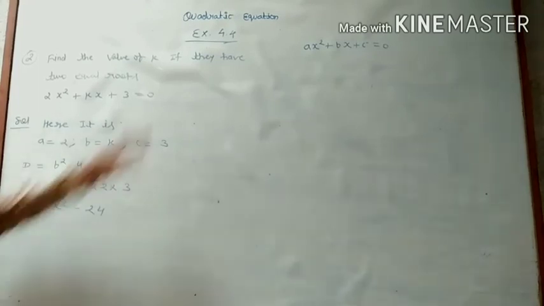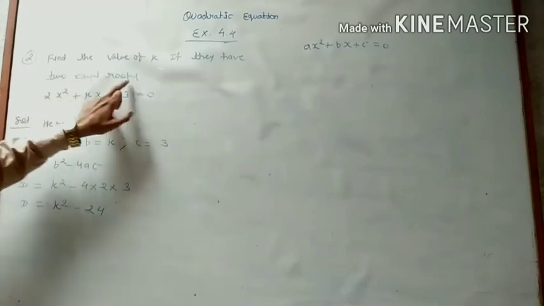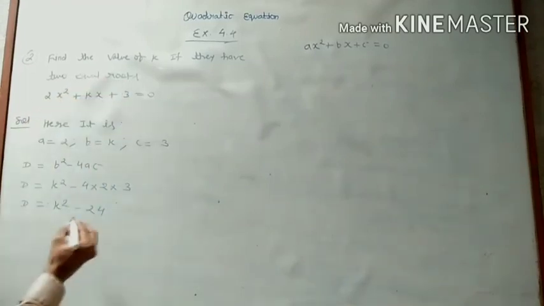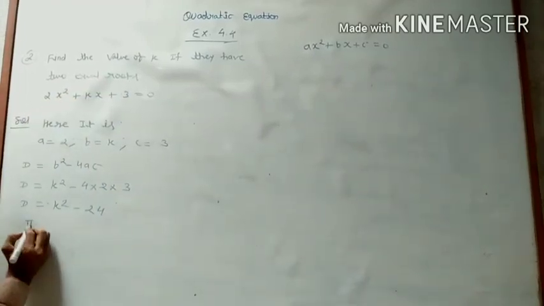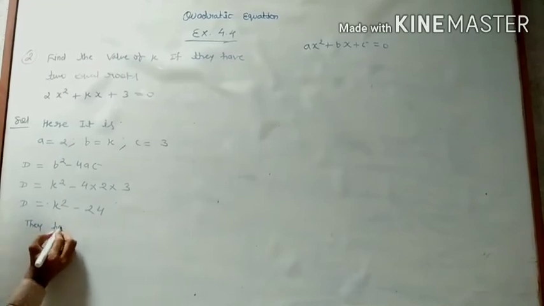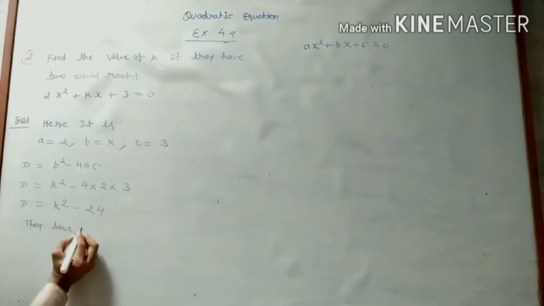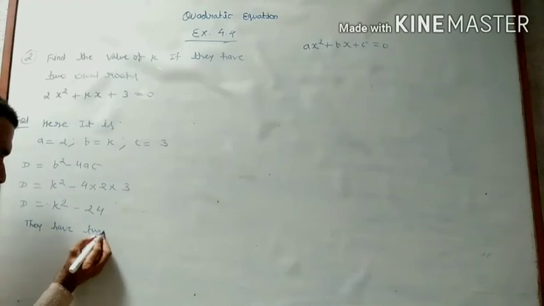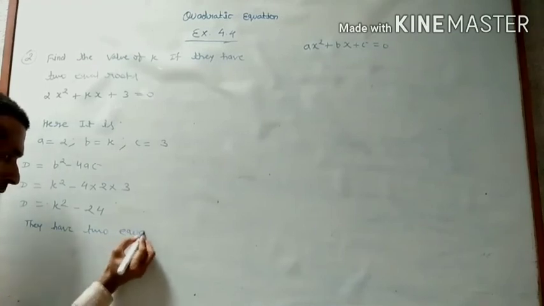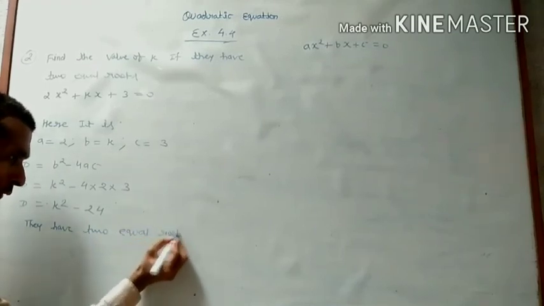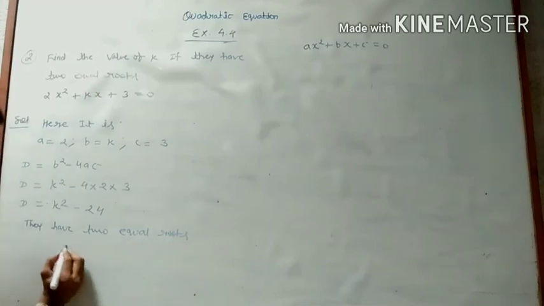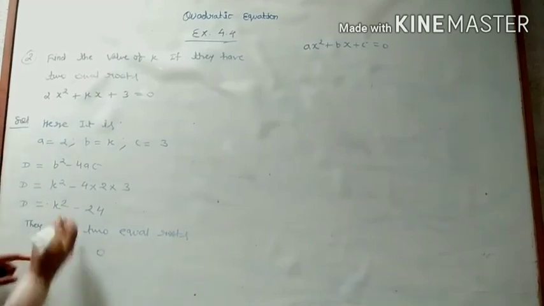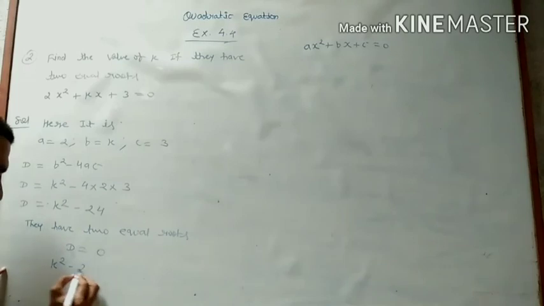But you can see if they have two equal roots, that means D equal to 0. The value of D, k square minus 24 equal to 0.